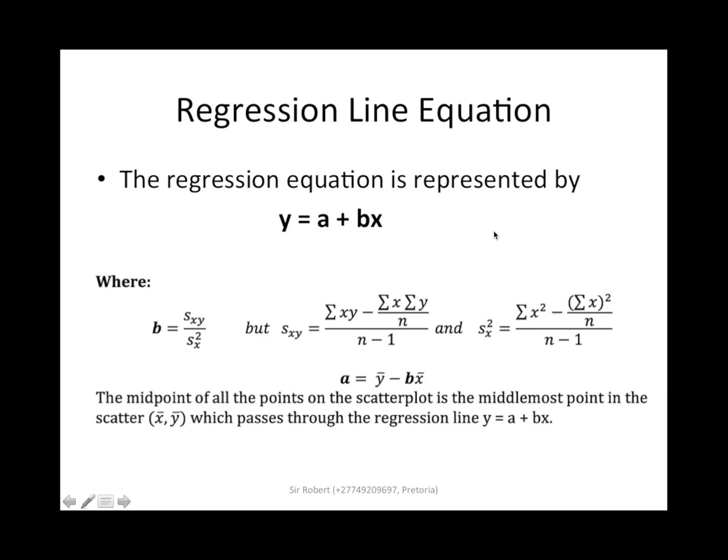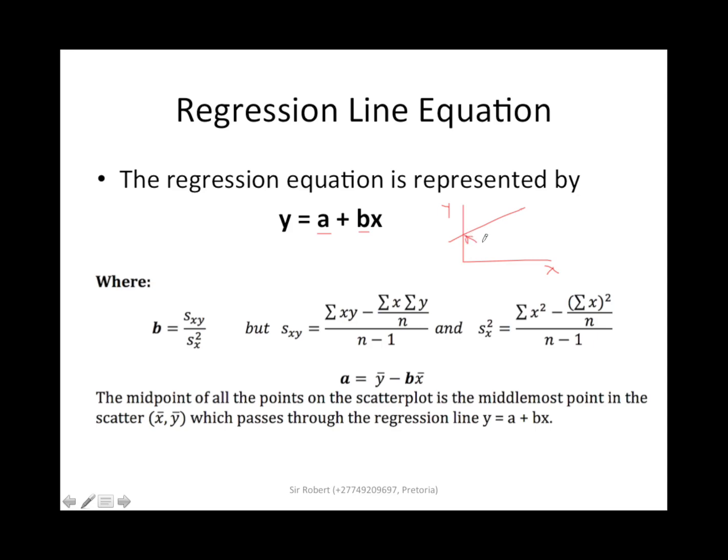The regression line equation is represented by this formula: y, your dependent variable, x, your independent variable, and a is the y-intercept, and b is the gradient of the regression line. So let's say you've got the y-axis, this is your x-axis, and this is where your equation passes through the y-axis.